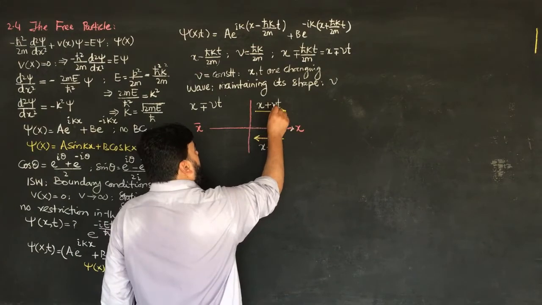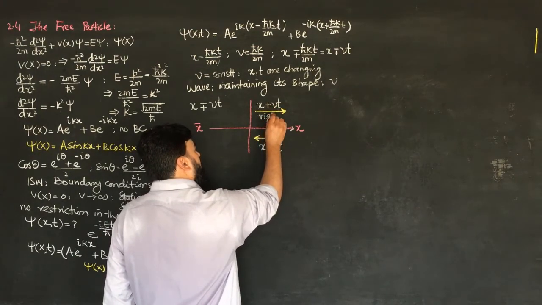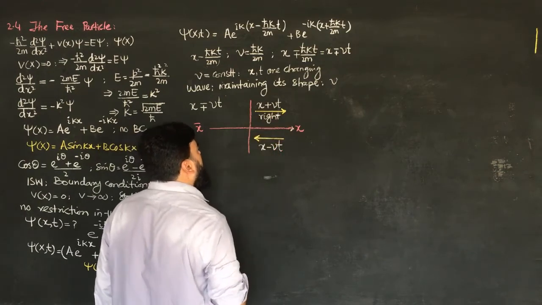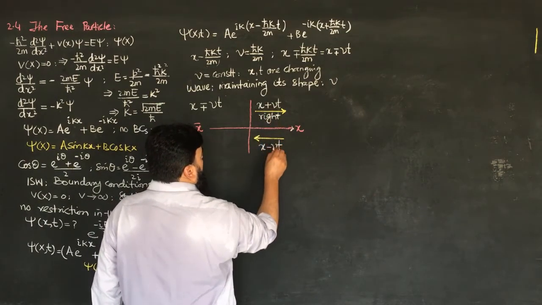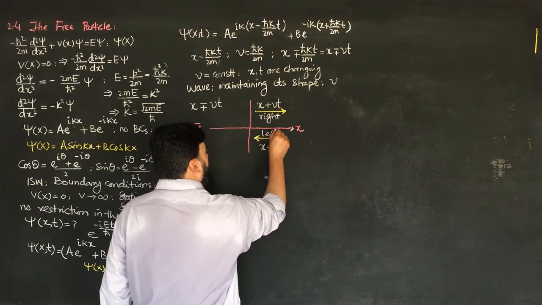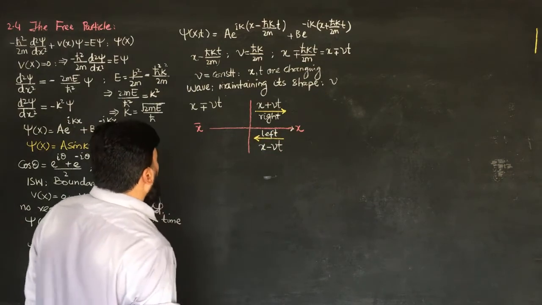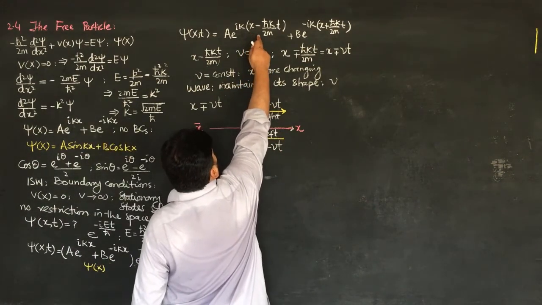And we say that when it is x plus vt, the wave is going in the right direction, the right hand side, while when it is x minus vt, it is going in the left direction. So here we have x minus this.